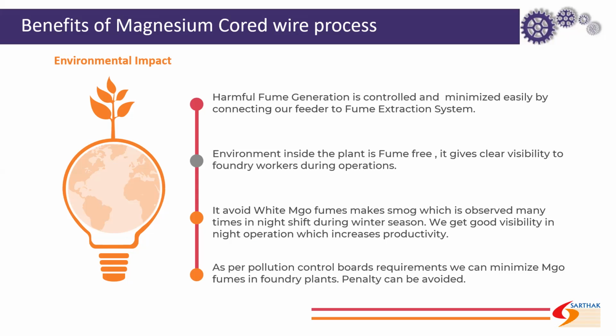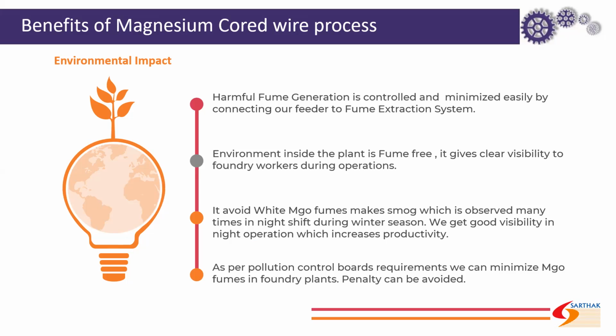It avoids white MgO fume, which commonly makes smoke in winter seasons. Therefore, we were facing a lot of problems of visibility in night operations. In that system we are taking care of the fumes, so the visibility issue is not there. So it increases productivity.